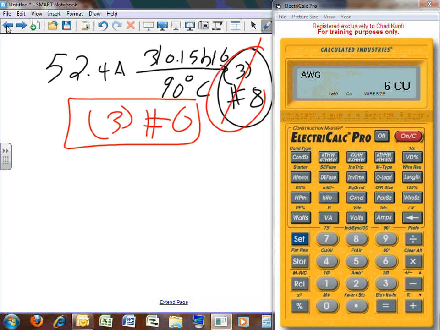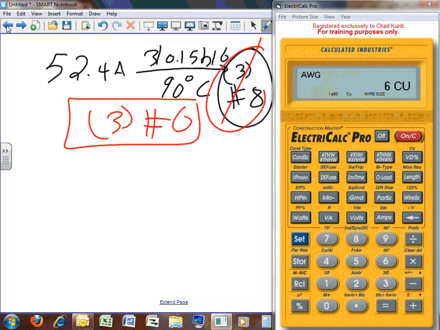Let's use this calculator, because we haven't done that before. Even if you're derating due to extremely low temperature, for example if you're running through a freezer, be very careful.